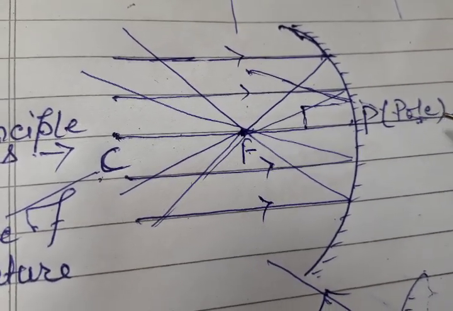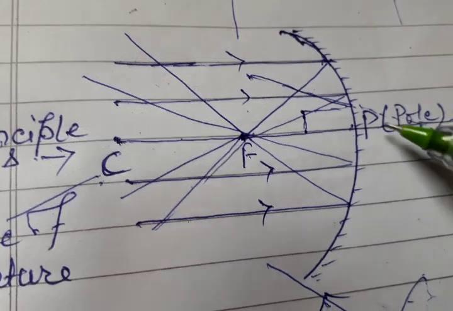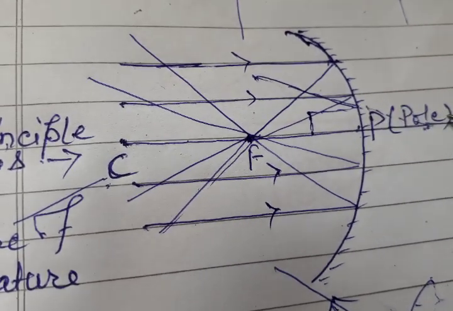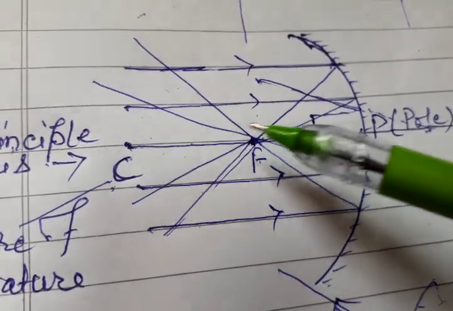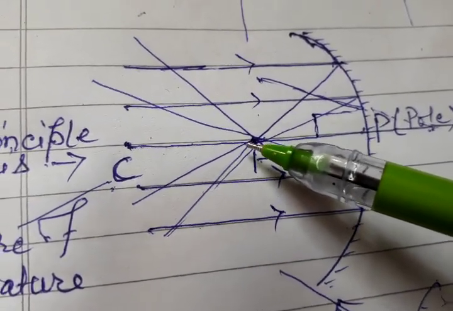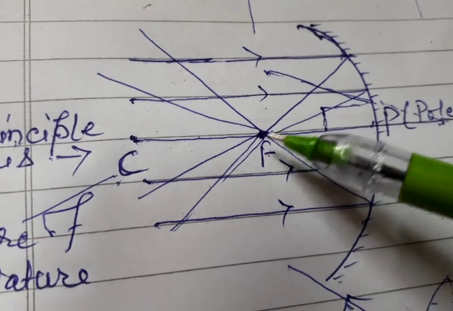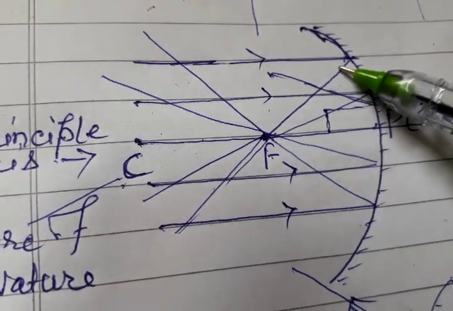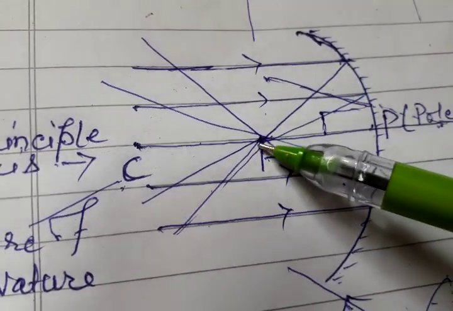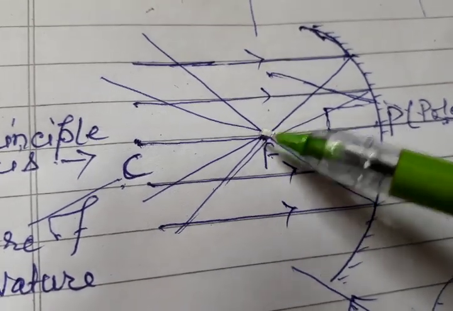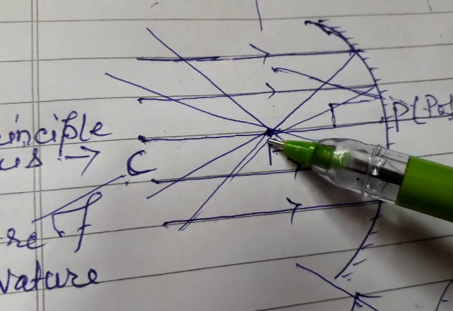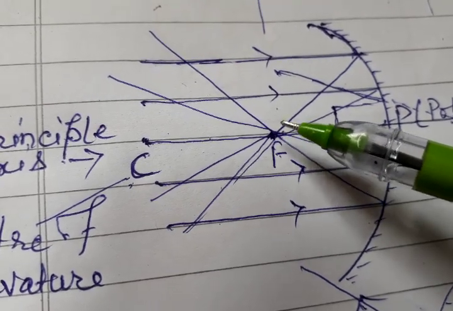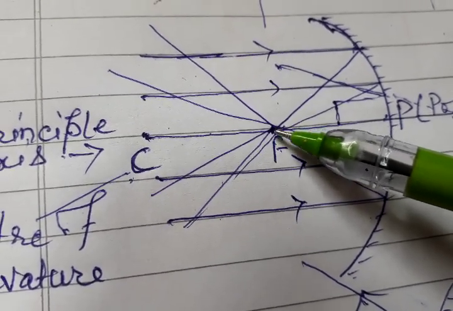When it is formed in front of the mirror, it is always real and inverted. You can see the rays after reflection actually meet at these points. Whenever the rays after reflection actually meet, it will be called a real image.